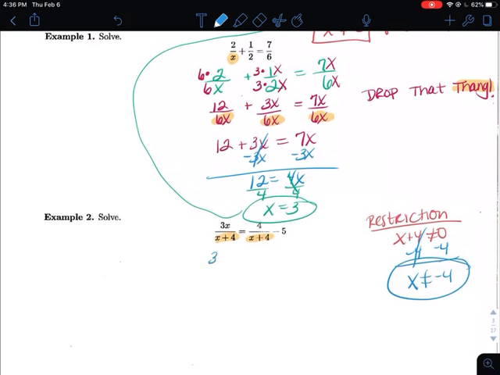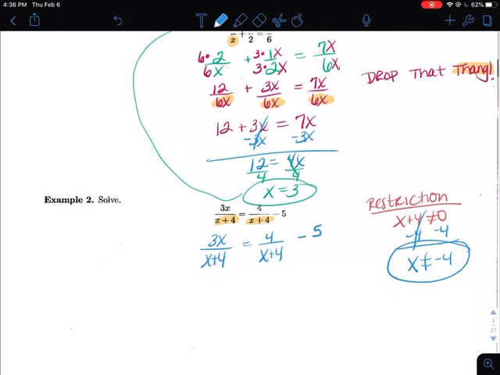So I'm going to rewrite it again: 3x over x plus 4 equals 4 over x plus 4 minus 5. My goal is to get all my denominators to look alike. The first two denominators have an x plus 4. You can make any number a fraction by putting it over 1. So basically I rewrote the 5 as 5 over 1.